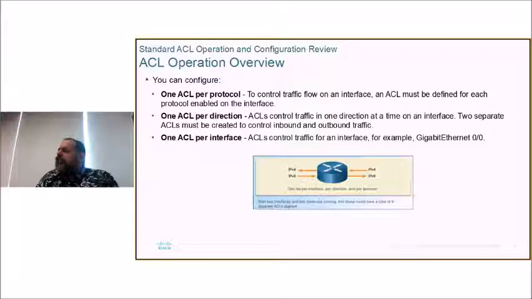Now, I think this rule may have been covered as well. You can only have one ACL per protocol, per direction, per interface. It's just the way you can control these things, because if you remember with ACLs, it will check the incoming packet against the criteria, so that addressing plus wildcard.